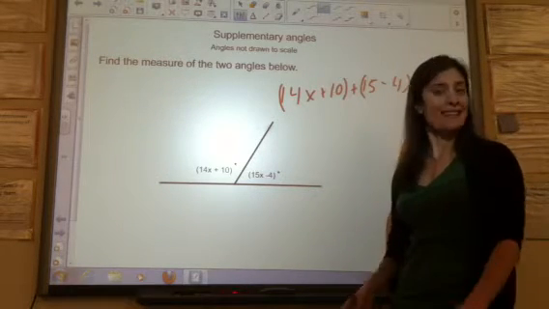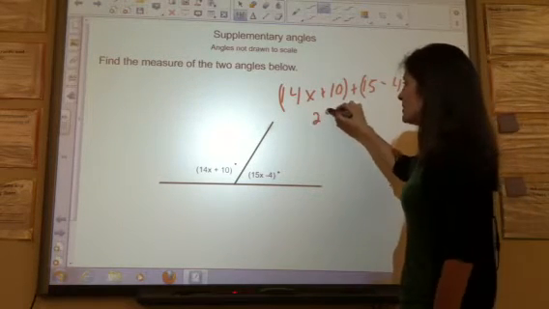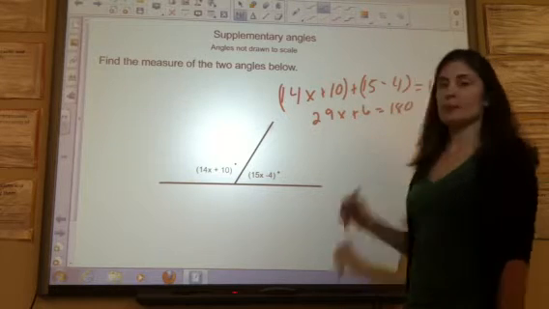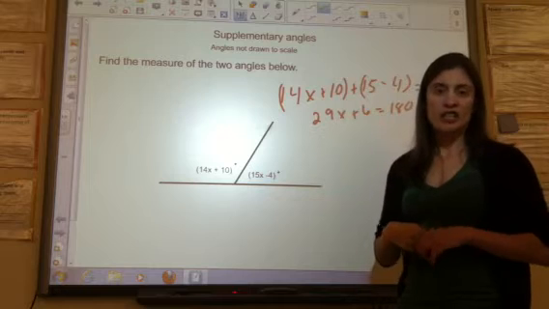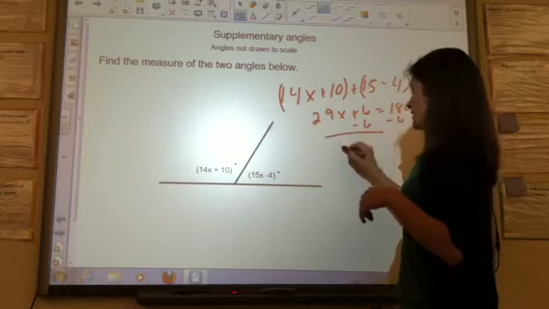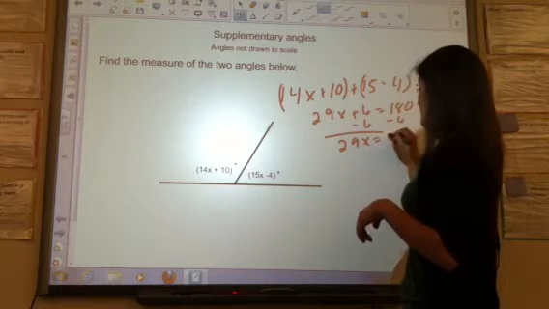I strategically picked these angles so that when you solve, you end up with the same two-step equation as you did on your interior angle of a triangle. So when you solve, you end up getting 6 as well.